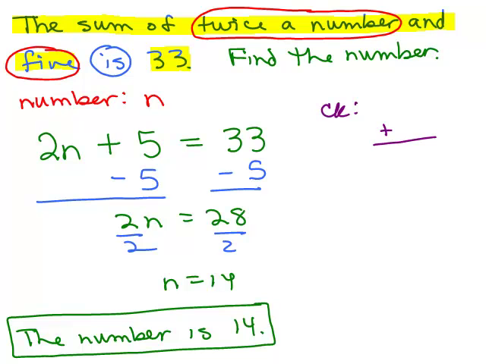And we're adding twice the number. So if the number is 14, twice it is 28. It's saying I'm going to add that to 5, right? Because it's the sum of twice the number and 5. So we've got 33. So yes, it is true that the sum of twice the number and 5 is 33. So that's the correct answer.